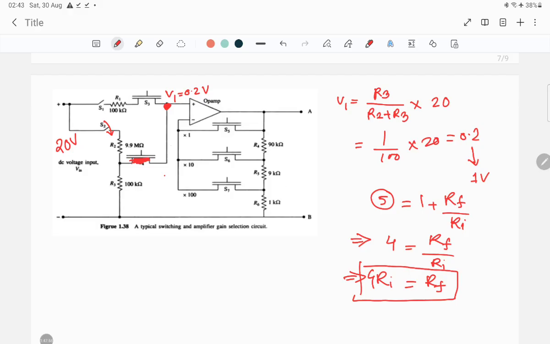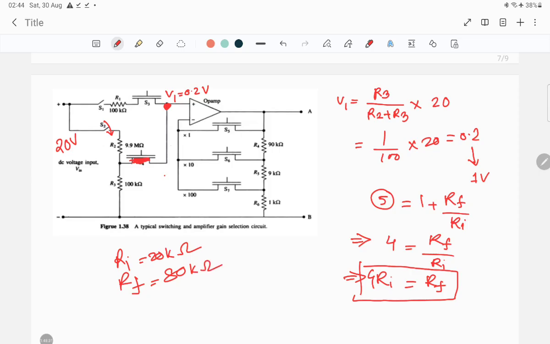So what you can do, suppose you just configure in this manner: suppose I select Ri as 20 kilo ohms, then Rf is what? Rf is 80 kilo ohms.